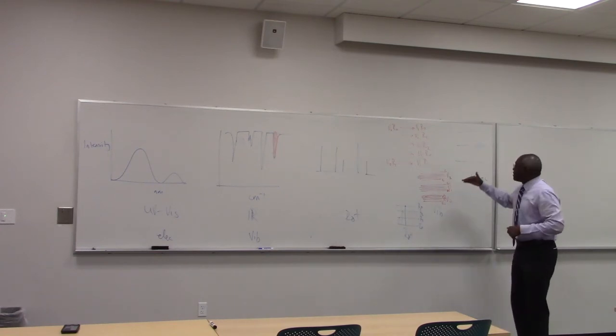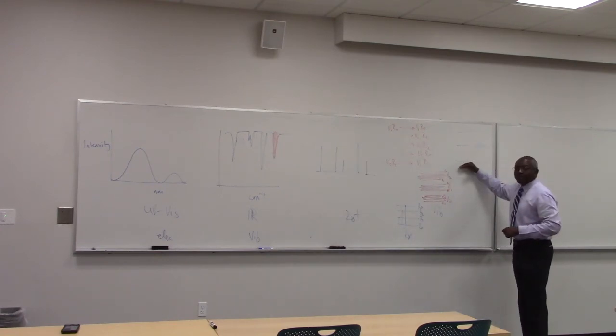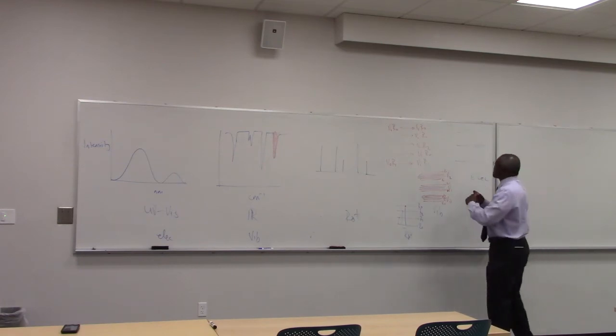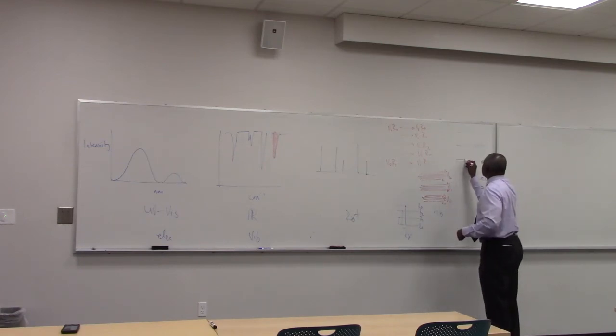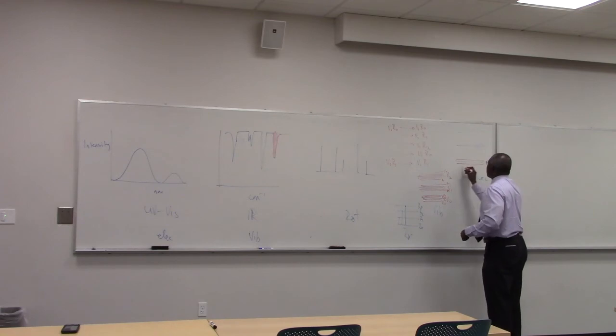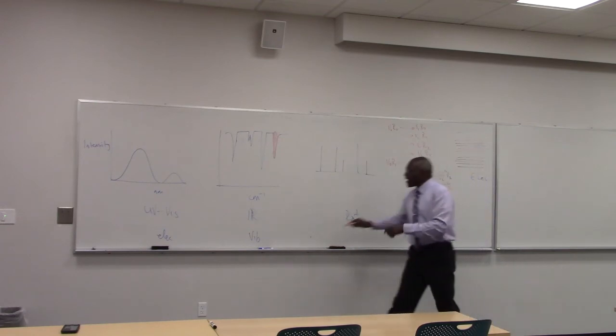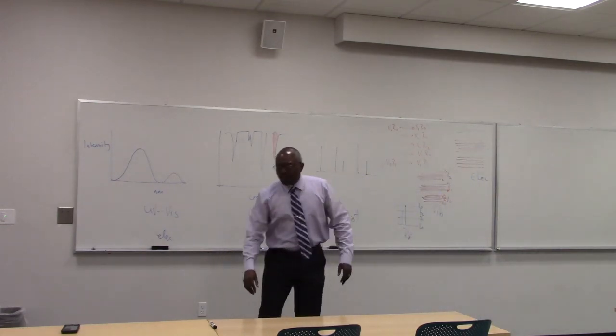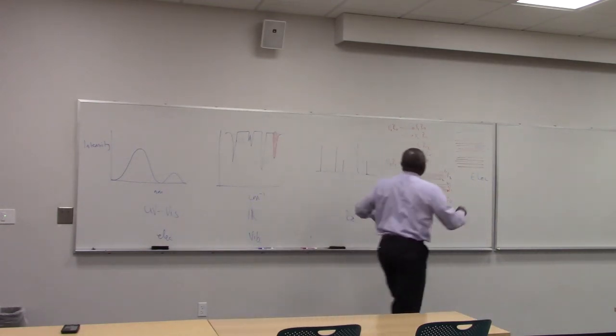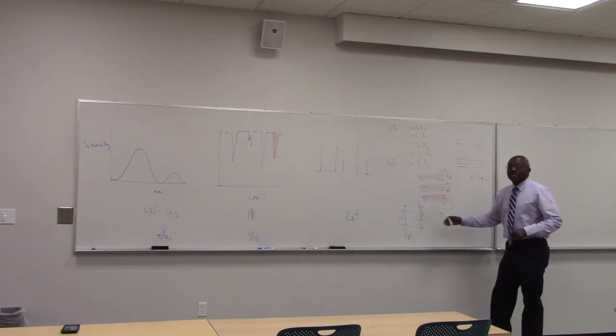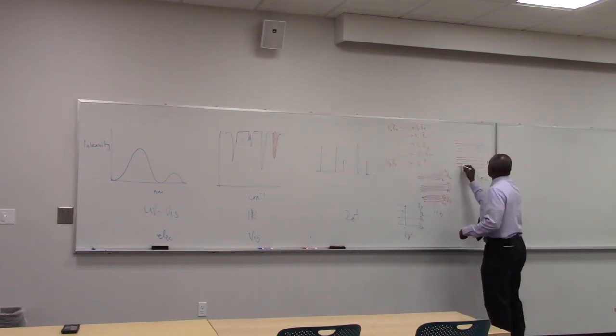As you might imagine, when I go to electronic mode, each electronic mode is associated with a series of vibrational modes, and each vibrational mode is now associated with its own cluster of rotational modes.